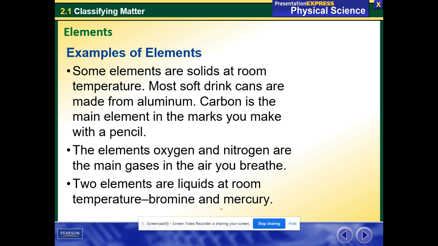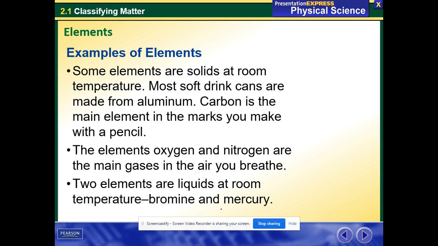So, examples of elements. Some elements are going to be solid at room temperature. If you think about a drink can or a soda can, these are going to be made up of the element aluminum. Carbon is actually one of the main elements that you find in the lead of your pencil. Other elements like oxygen and nitrogen are going to be gases, and they're located in the air that we breathe.